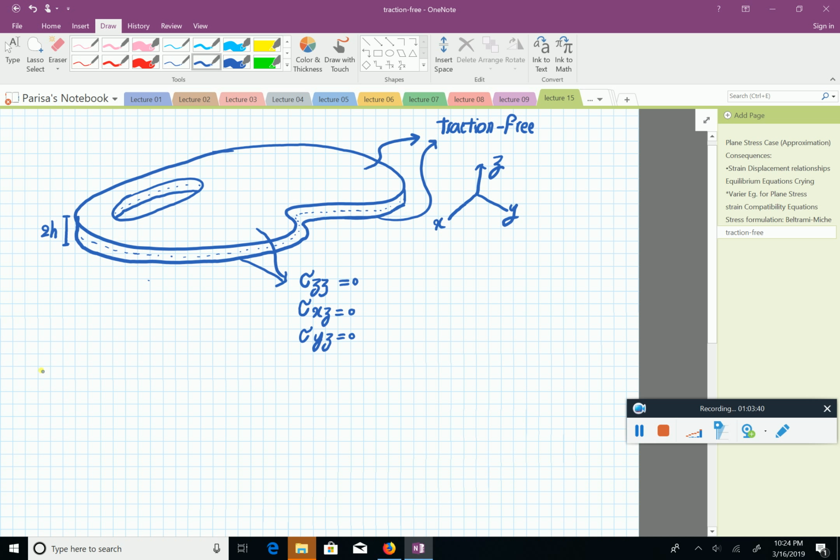Basically 2h, the thickness, should be much smaller than the other dimensions.